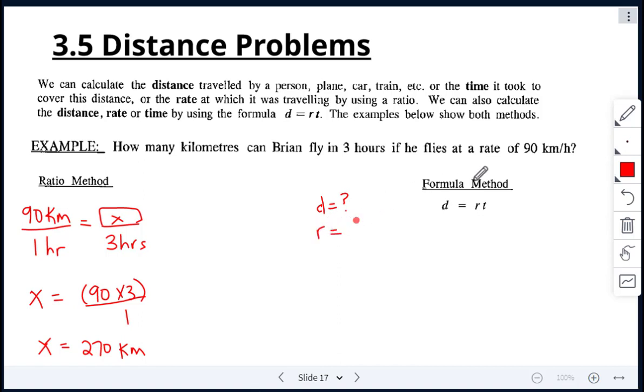The rate is 90 kilometers per hour. And the time is 3 hours. All right, so we can just list out all our information here, and now we can put it all into our equation. So 90 times 3, our distance is 270 kilometers.